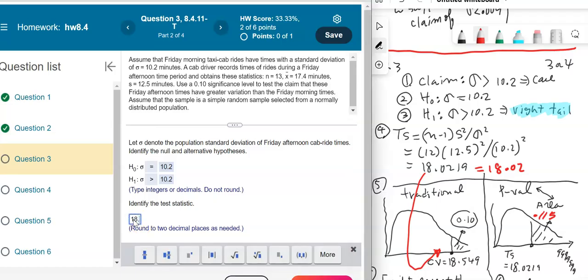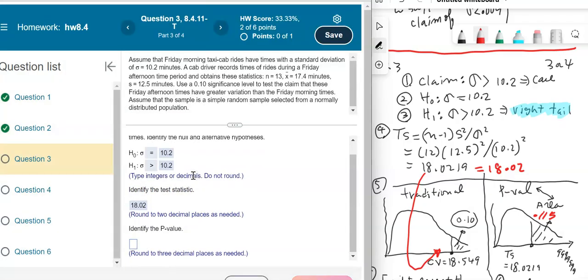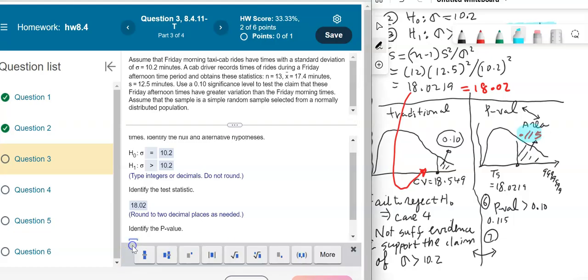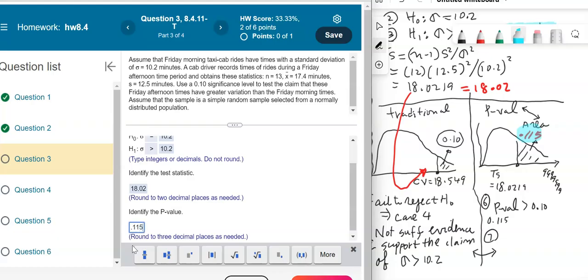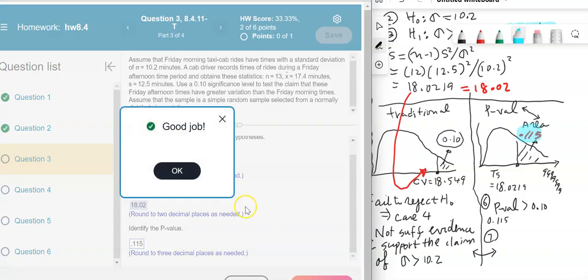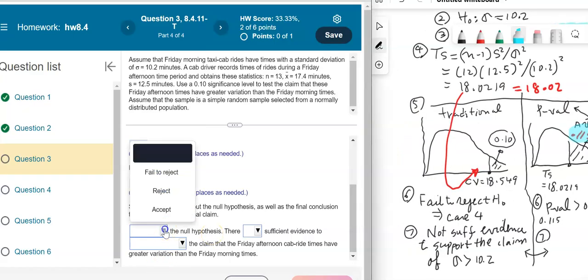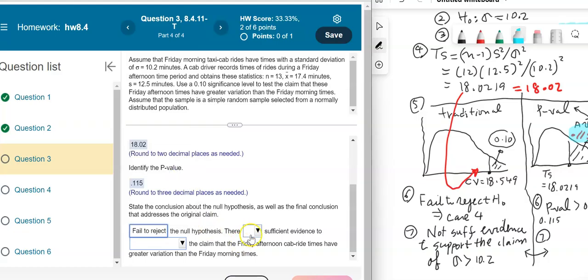See, they're asking 2 decimals now. Okay. And then the p-value, where is the p-value? I said 0.115. Okay, here the p-value is 0.115. And so here we failed to reject the null hypothesis. There is not sufficient evidence to support the claim of sigma is greater than 10.2.